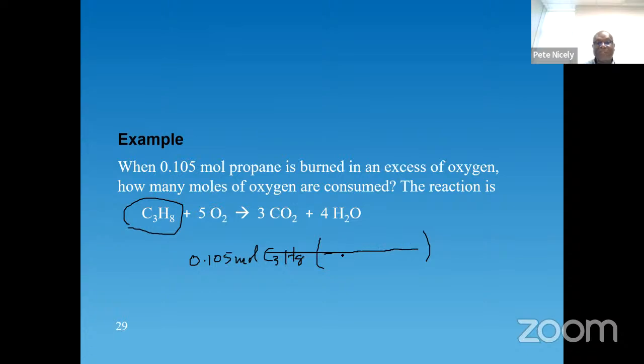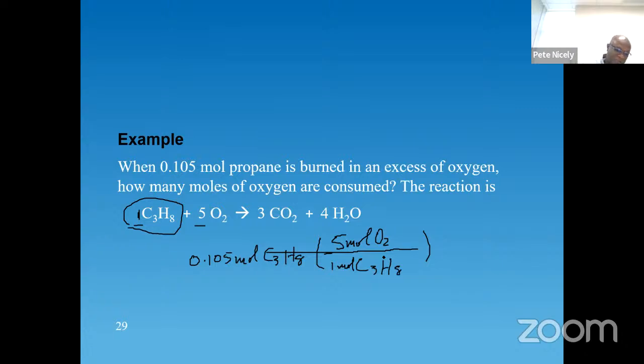So basically, you're going to write down a mole ratio, which represents the moles of oxygen to the moles of propane, which is a 5-to-1 mole ratio. So we're going to put 5 moles of O2 above, 1 mole of propane below, and then we do our thing on our calculator.